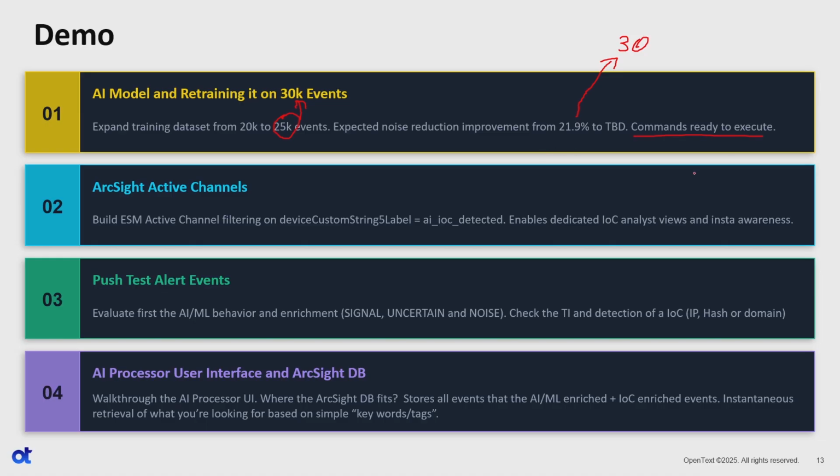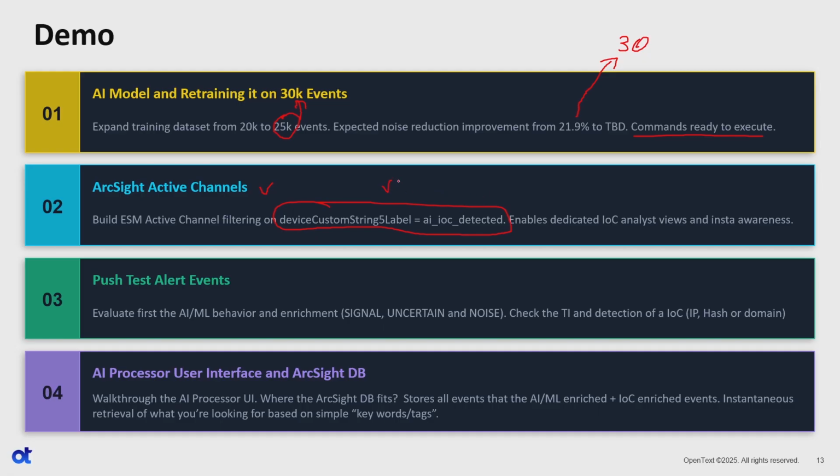Commands are ready to execute. We're not going to waste too much time there; I'm just going to be copying and pasting them. On an active channel, we're going to see some events with AI IOC detected. This is of course based on the threat intelligence. I'm going to use some well-known malicious IP addresses and push those IPs as part of the events that my smart connector is producing.